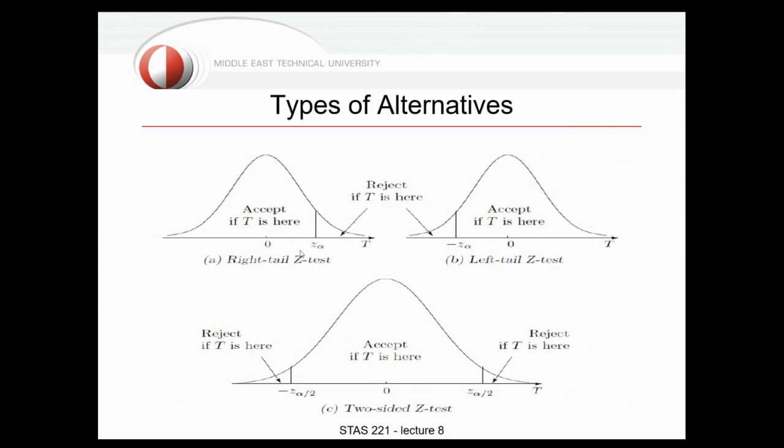In case we have the rejection area only on the right side or left side, we call them one-sided. In case they are distributed on both sides, we call them two-sided. And why are they important? Because the confidence level is the same for all of them. For example, I say I want to be 98% sure that my test will be okay.